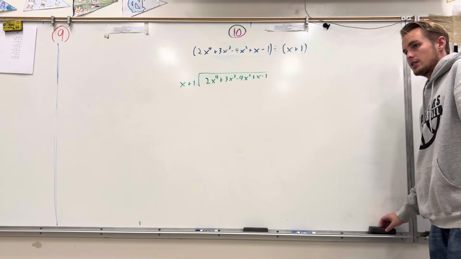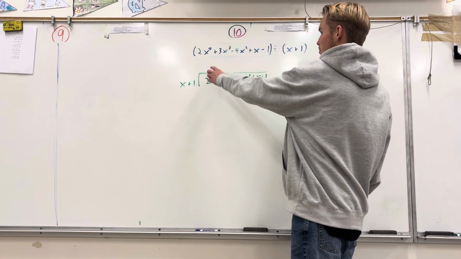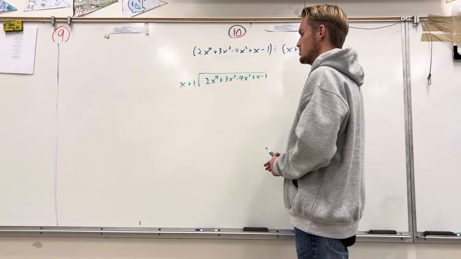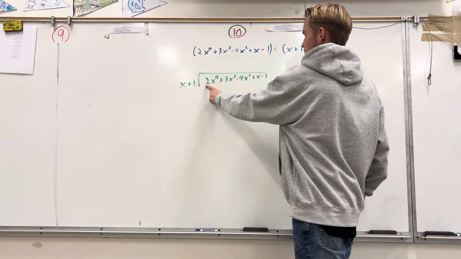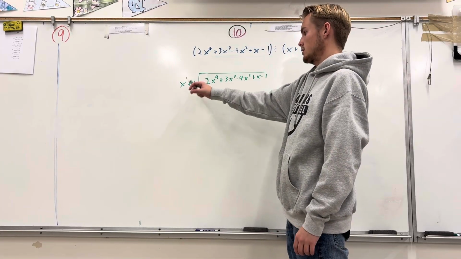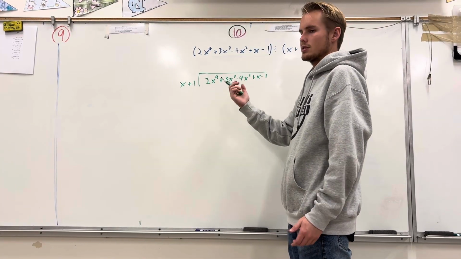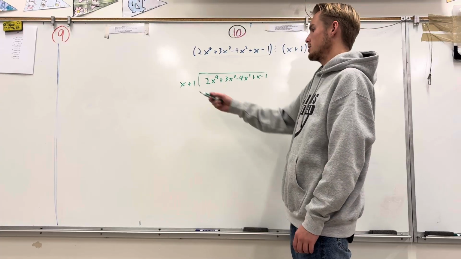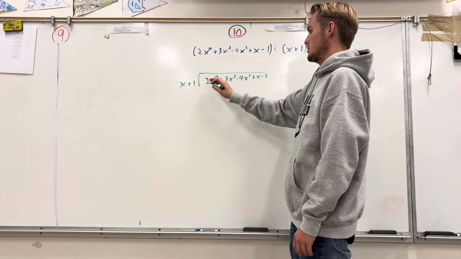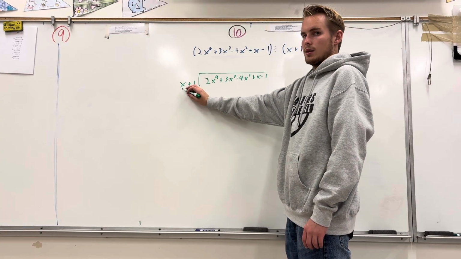We need to know that because we're going to start off by putting a number above the 2x to the 4th. And that number is going to be 2x to the 4th divided by our first variable, x, not coefficient. So we're taking this and dividing it by the first thing in our denominator.